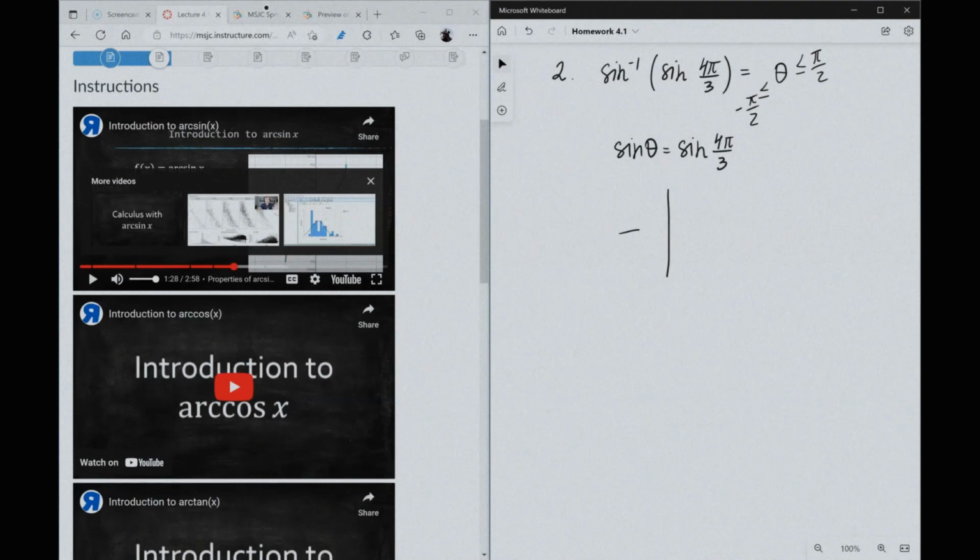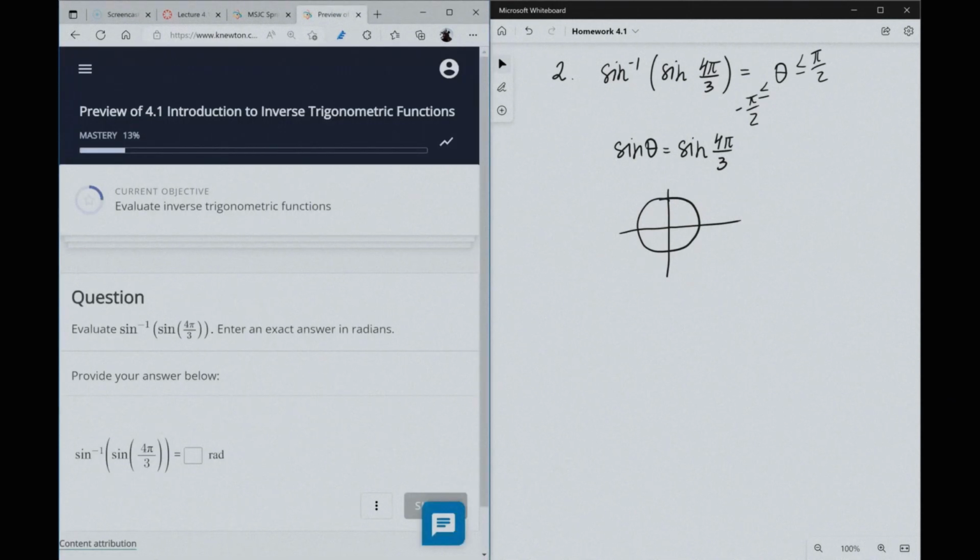So again, sketching a quick unit circle, 4 pi over 3 is right over here. And sine of 4 pi over 3 is the y-coordinate. And the question is, which angle between negative pi over 2 and positive pi over 2?